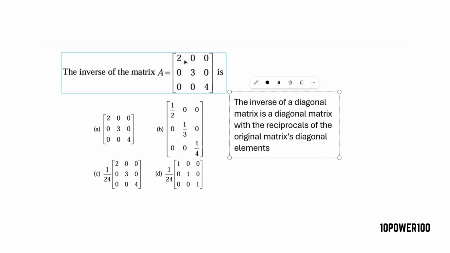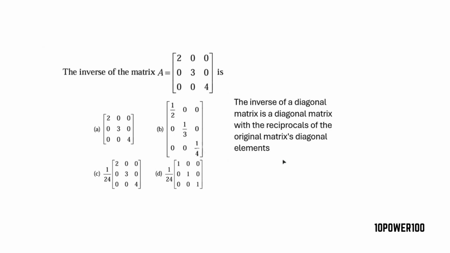Here the diagonal elements are 2, 3 and 4, and their reciprocals are 1 by 2, 1 by 3 and 1 by 4. By considering these facts, I want you all to identify the answer. Comment that in the comment section.